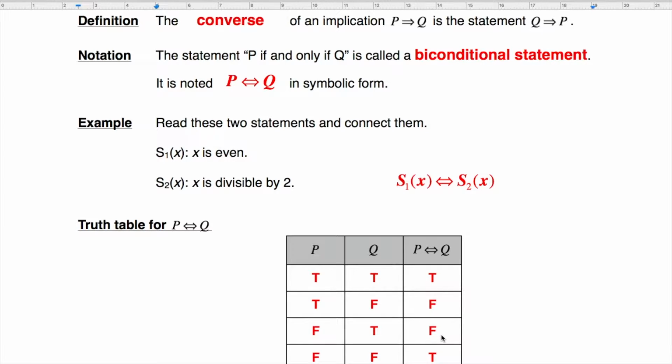Lastly, we can think about it with an example, and we can also think about it using the two separate implications above. With a number, let's pick x equals 27. So x is even is false, x is divisible by 2 is false, and that makes a true statement.